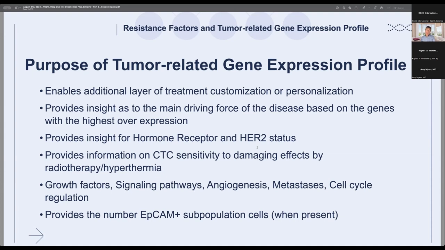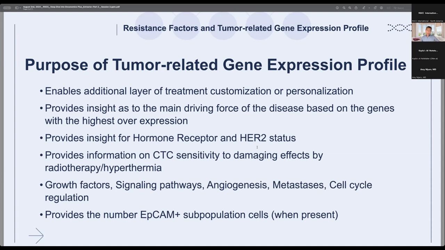Now, what's interesting is sometimes the hormone receptor status of the tissue biopsy does not reflect the same as the CTC receptor status, which is kind of interesting. That tells us there's more than one population. There's several subpopulations that are different. That's why they're heterogeneous. So the ones in the tissue could be HER2 negative, whereas the CTCs that are tested are HER2 positive, or vice versa.